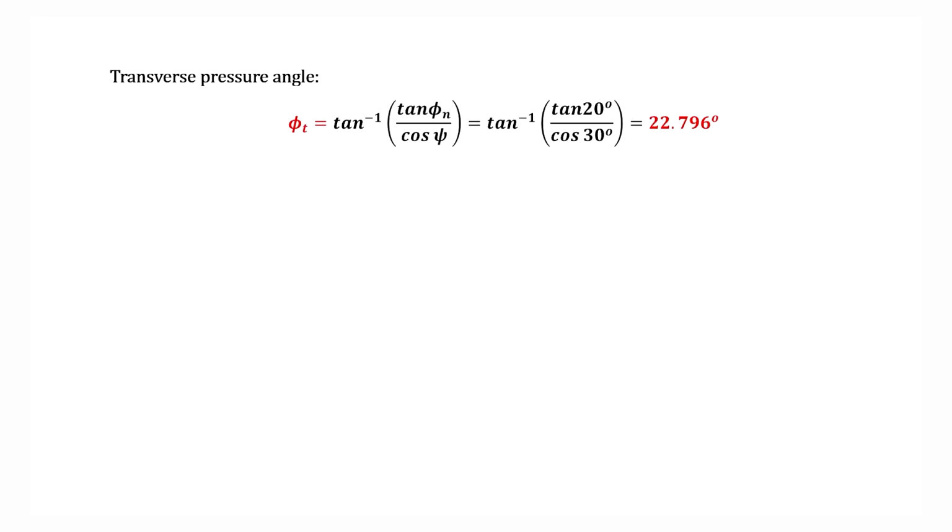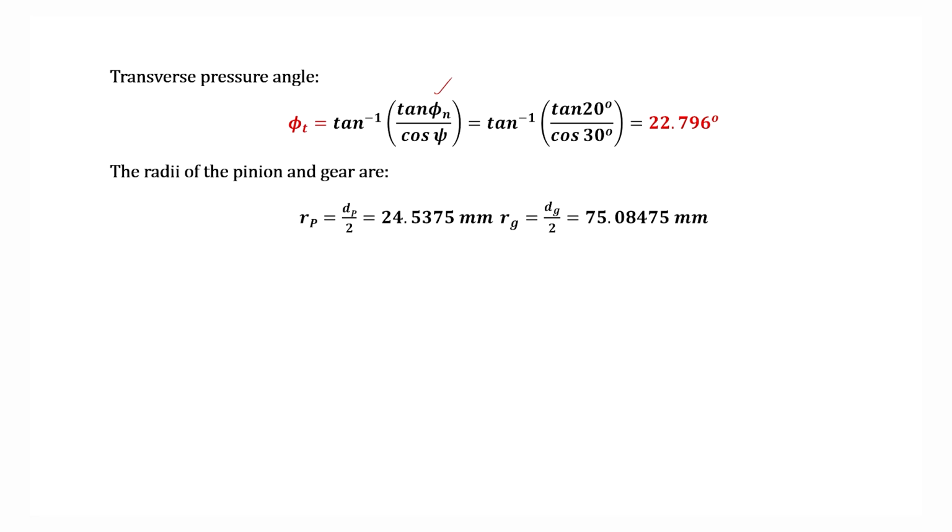Now, transverse pressure angle is 22.796 from this relationship, tan inverse tan of the phi n divided by cos of the psi. We have phi n as 20 degree and psi as 30 degree, and so phi t is equal to this one. Then the radii of pinion and gear are just half of the pitch circle diameters.